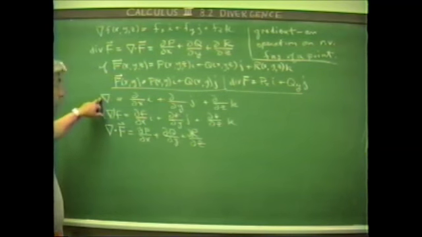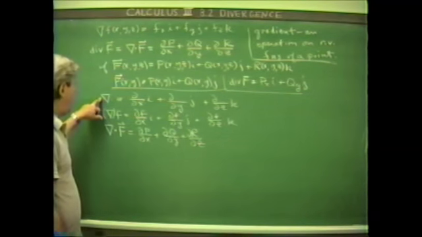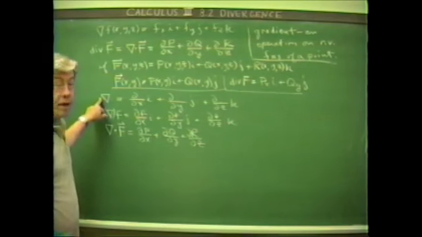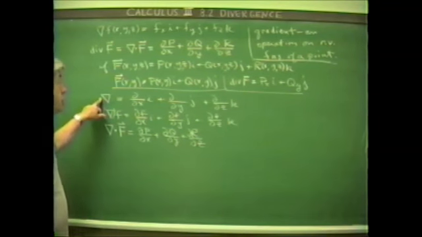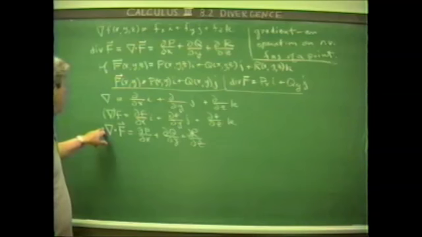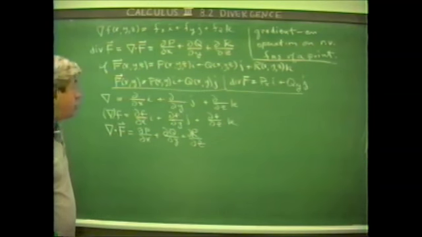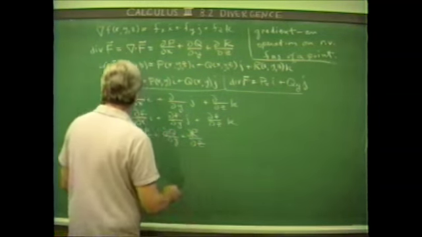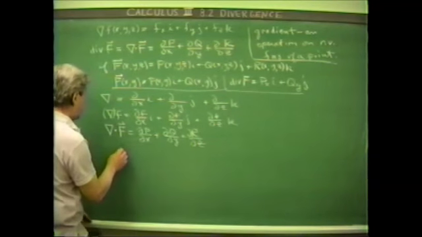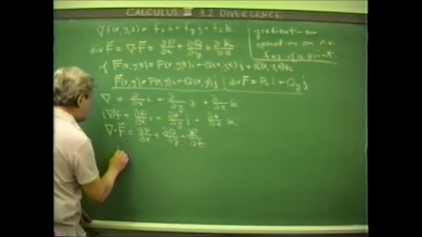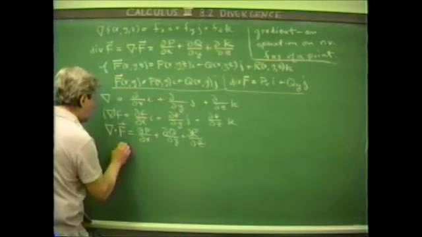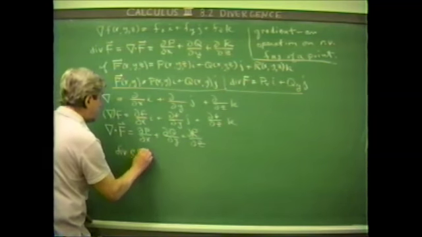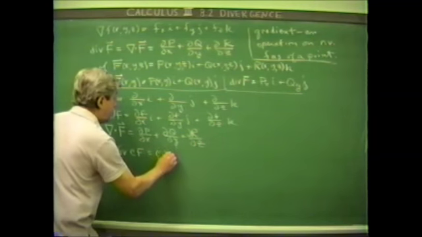Now, the gradient operates very much like a derivative. In fact, it's perhaps the natural generalization of the derivative, but the divergence also acts like a derivative in the following sense, for example. The divergence of a constant times a function is a constant times the divergence of the function.